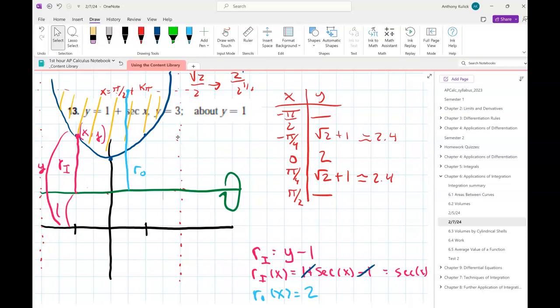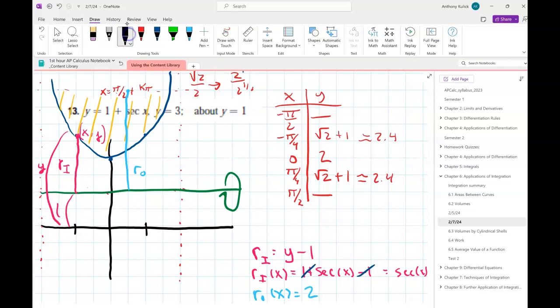I love that. So our inner is always from the shaded part to that axis, and our outer is like from the... Here's what I think about it. Our inner would be from the axis of rotation to the start of the shaded region. That's inner. Outer would be from axis of rotation to the end of the shaded region. Okay.